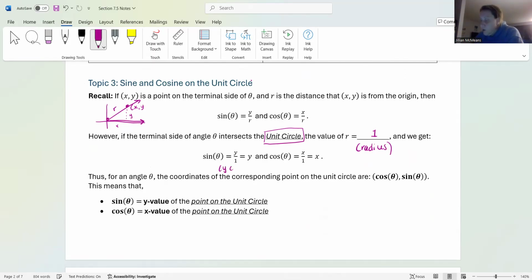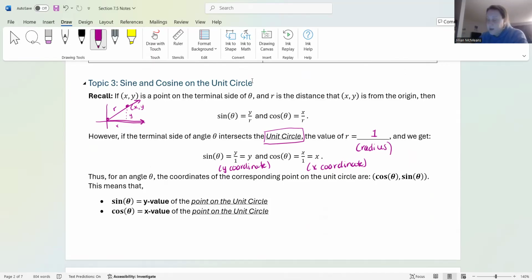So this is the y coordinate, and this is the x coordinate. And that's really, really, really powerful and nice. This only works on the unit circle though. You have to be on a unit circle where the distance from the origin to the point where you intersect the circle has to be a distance of 1. So you have to have a radius of 1, okay?